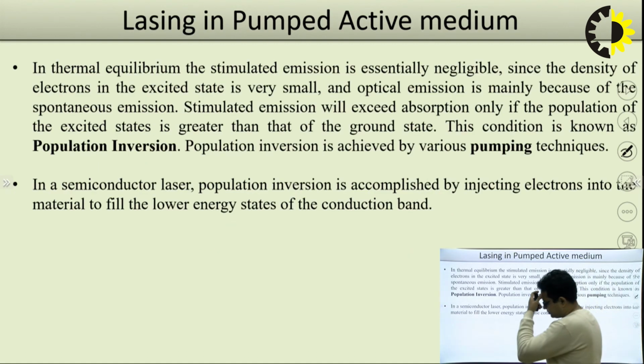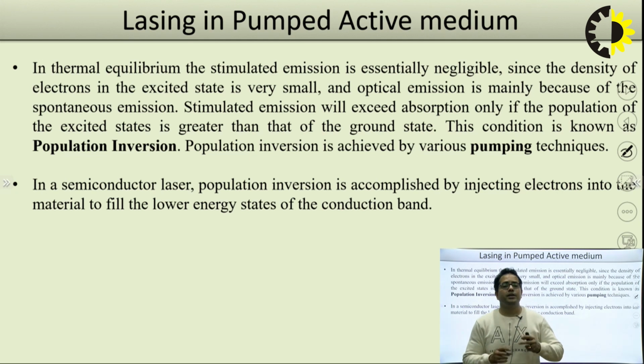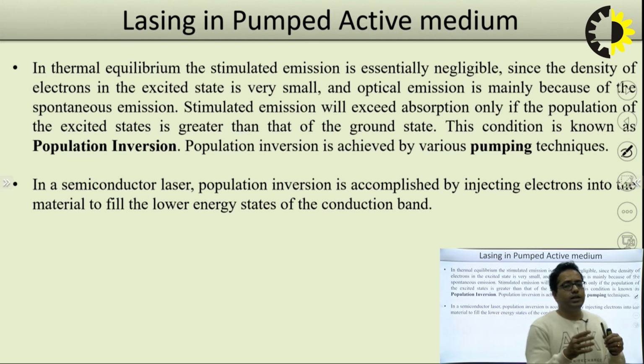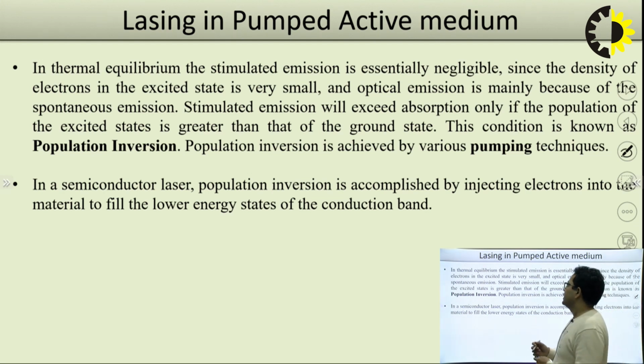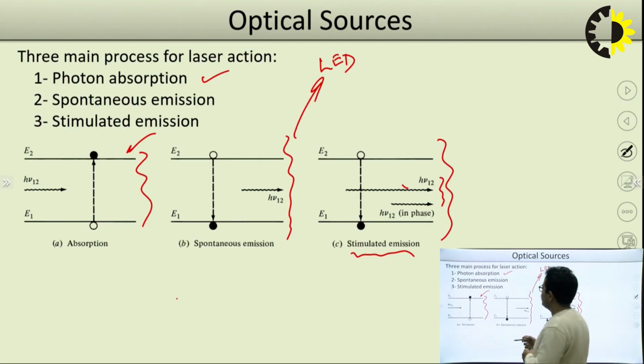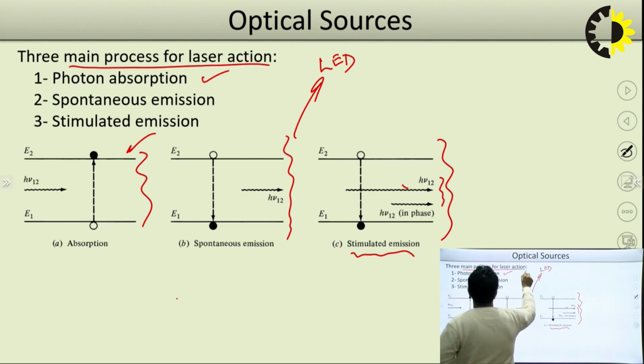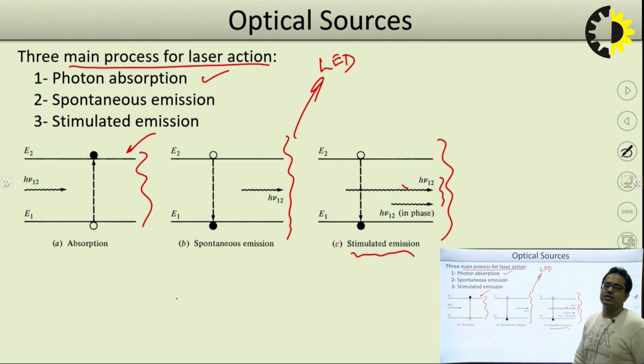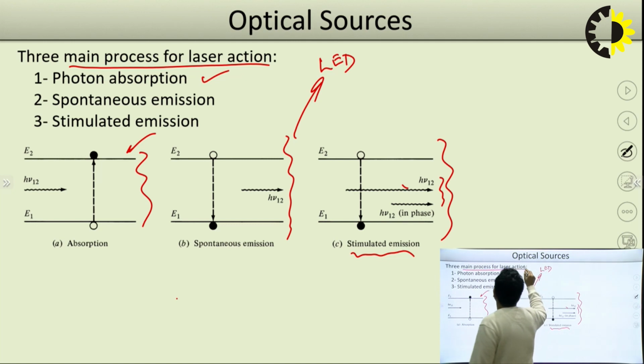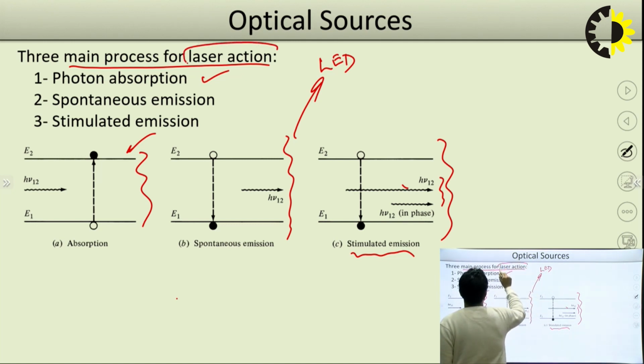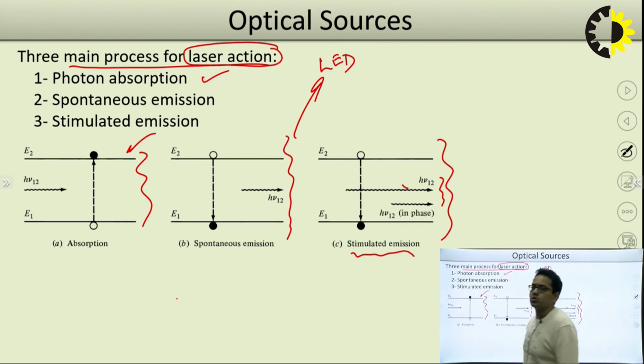Next, what are the main phenomena which together form the operating principle of the laser? In the previous slide, the wording mentions three main phenomena for laser action. It would be better to say three main processes that occur in a source.